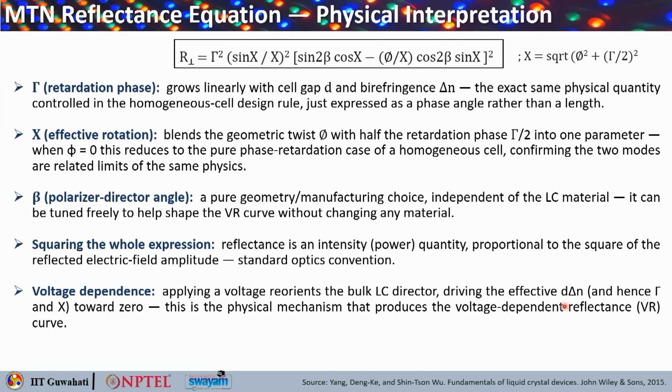That drives the effective d delta n, and hence your retardation phase and effective rotation, they all go towards 0, because that is where the alignment with the field happens. This is the physical mechanism that produces the voltage dependent reflectance, or the VR curve, that we have been discussing.